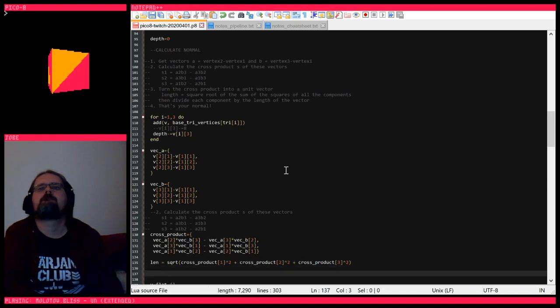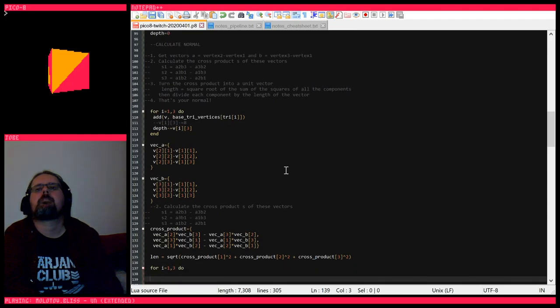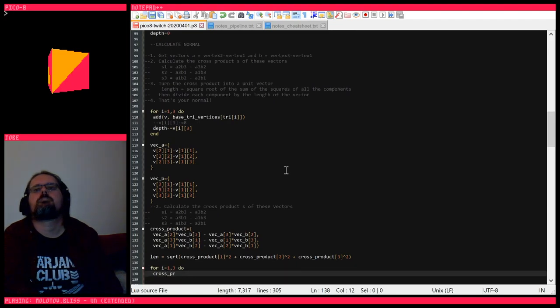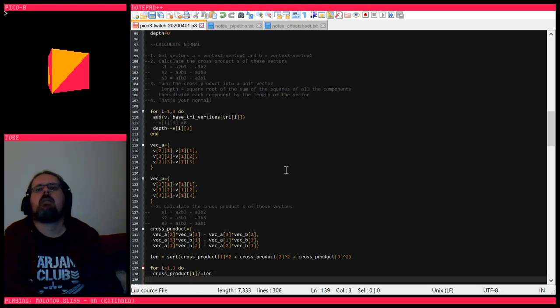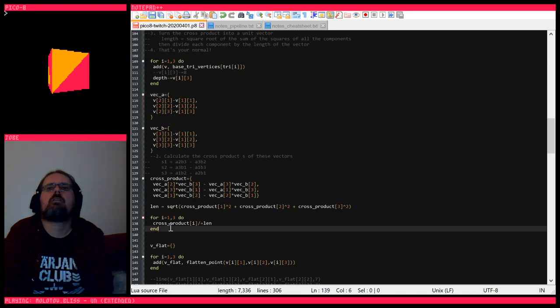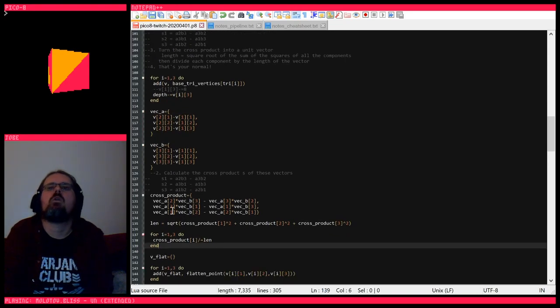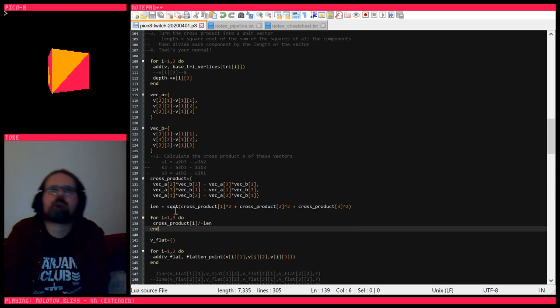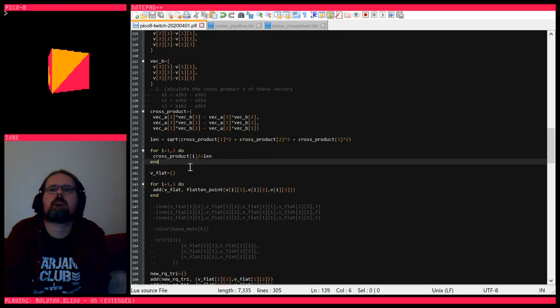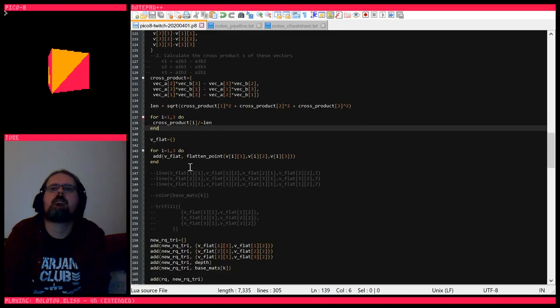And now, oh yeah, of course we need to again do it like this. Now that cross product should actually be the normal, and now we can use that for our shading.